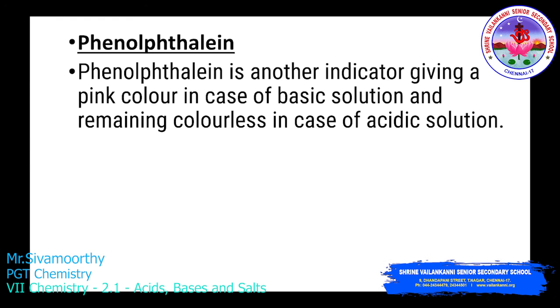When phenolphthalein is added to a basic solution, it forms a pink color, but there is no change in an acidic solution. In any acid, there is no change, it remains the same color, in the test tube or beaker, whatever it is. Okay children, that's all the detailed explanation about the indicators: litmus indicator, China rose indicator, and phenolphthalein indicator. Thank you, students.